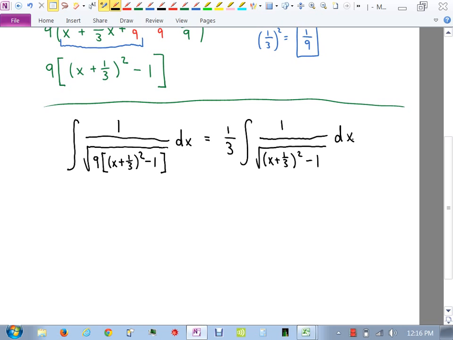And this is looking mighty close to one of my formulas, isn't it? It's almost looking like my variable squared minus a squared, right? That almost looks like variable squared minus a squared. So to get it to look exactly like variable squared minus a squared, I'm going to do a quick u substitution, just a quick substitution.